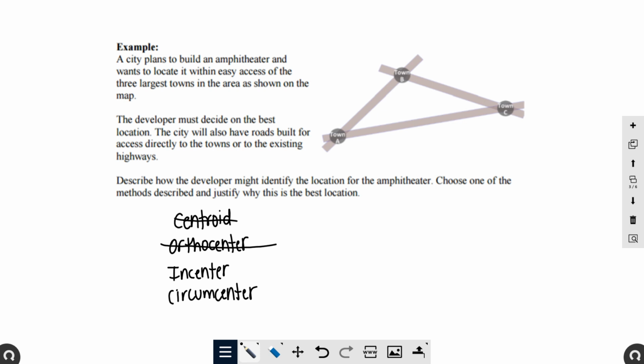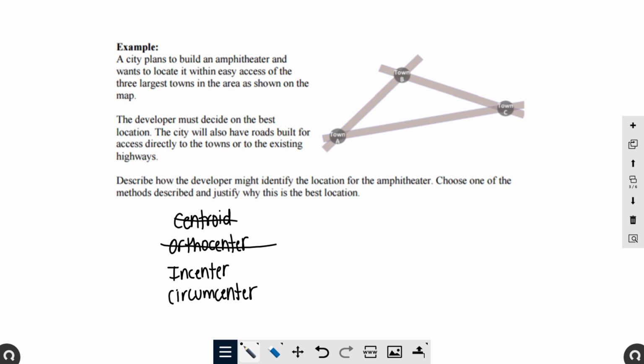Why would incenter be the best? The incenter is always inside the triangle, and this looks like it would be a bit of an obtuse triangle, right? So it's going to be somewhere inside this triangle, and it's equidistant from the what? What is the incenter equidistant from?